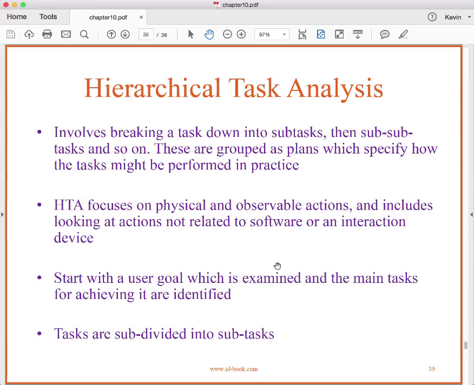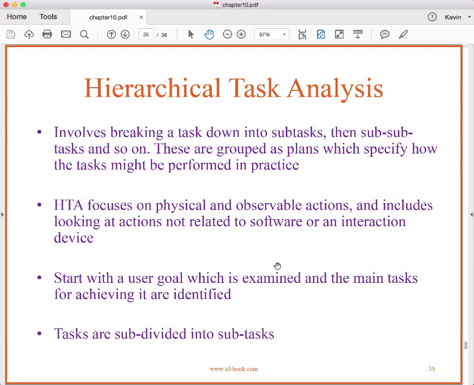HTA focuses on physical and observable actions, and it includes looking at actions not related to software or interaction with the device. So you can include user actions that are not part of the solution. You can do that in use cases as well. And nothing really says you can't do that in scenarios.